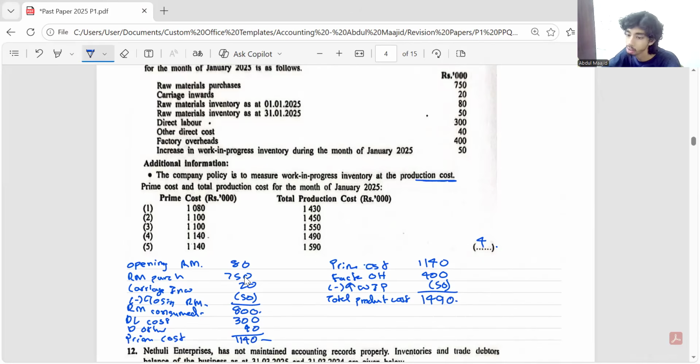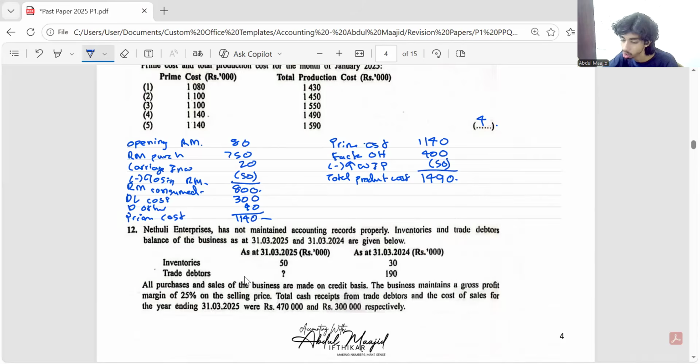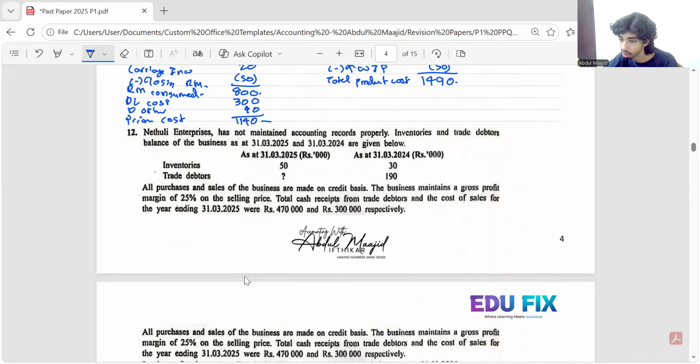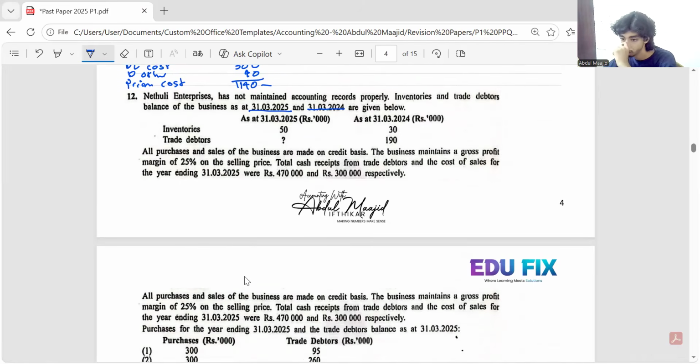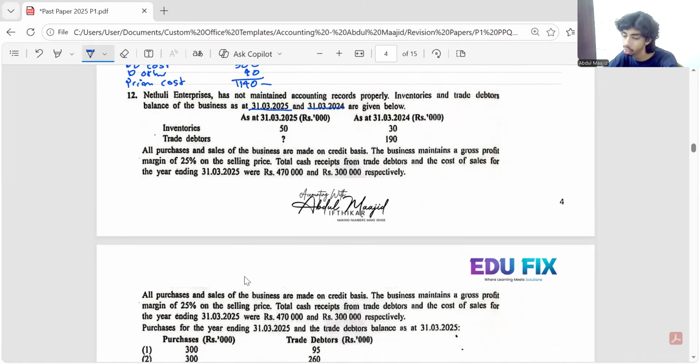Okay, 12th one. Nethuli Enterprises has not maintained accounting records properly. Inventories and trade debtor balances of the business as at 31st March 2025 and 31st March 2024 are given below. Inventory values are given, debtor values are given. All the purchases and sales of the business are made on credit.